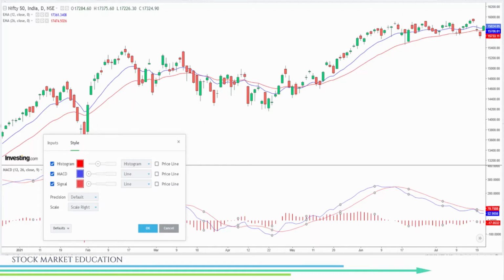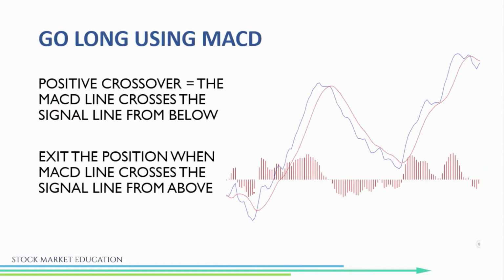Now what you can see here is an example of positive crossover. Here you can see there is a positive crossover of this MACD. Now what is positive crossover? The MACD line crosses the signal line from below. This blue line is crossing this red line from below. So this can be considered as your entry point.